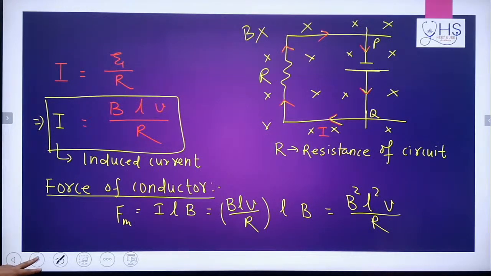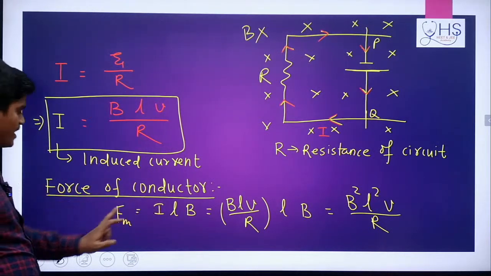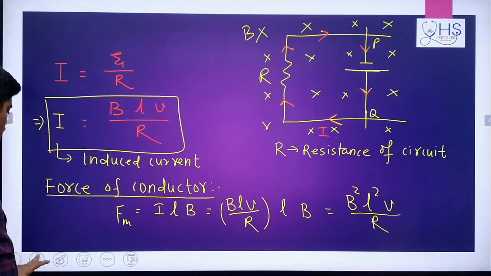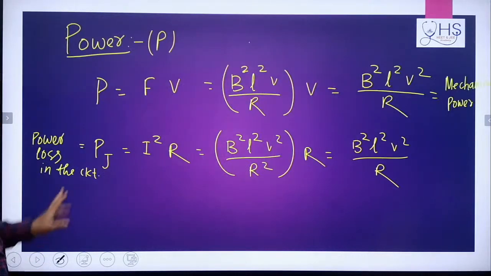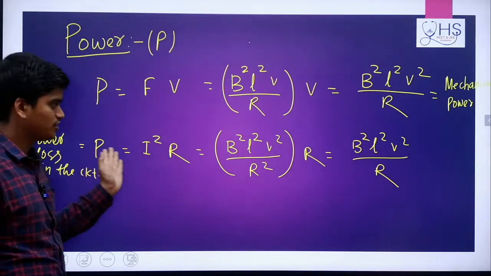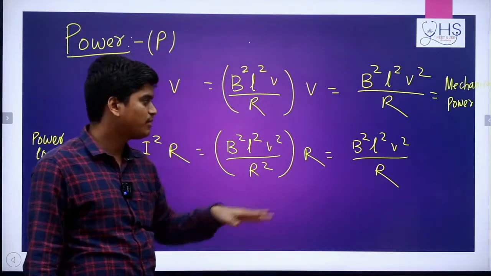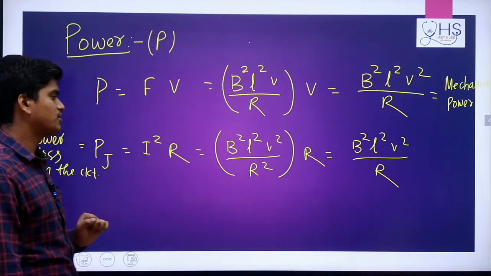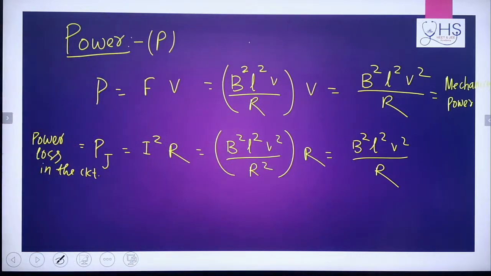So try to understand again. After finding the magnetic force, you got the mechanical power, that is F into V, and after that you got the power loss in the circuit. Power loss in the circuit is B square L square V square by R, which is equivalent to your mechanical power. I hope you understand up to this.